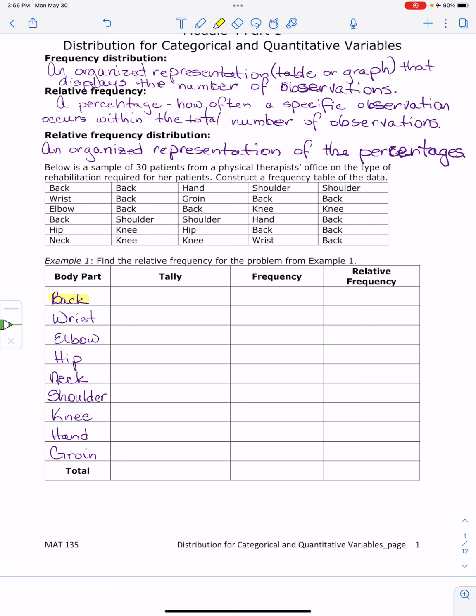Okay. So I'm going to create tallies here. Tallies are basically just little tick marks so I can keep track. And as I go along, I'm going to mark them off on the table above. Now, if I didn't have multicolors, I would just cross them out. Really easy to miss some if you're not paying attention.